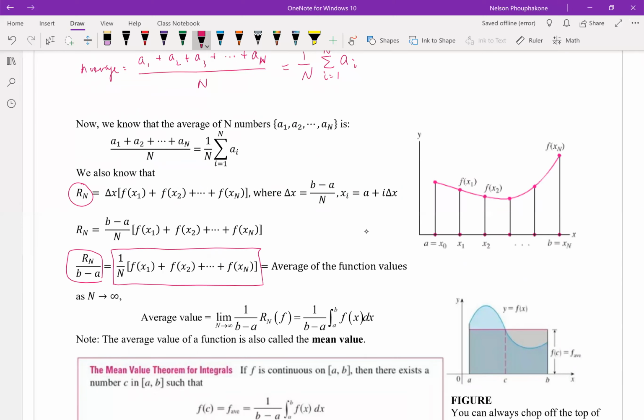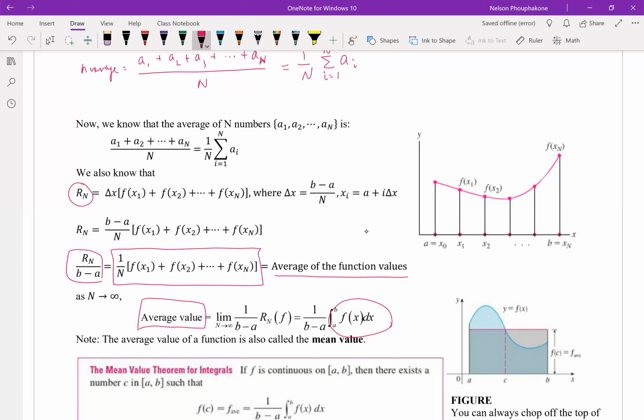Now, as n goes to infinity, if we take the limit as n goes to infinity of 1 over b minus a times R sub n, which is equal to 1 over b minus a times the integral between x equal to a and x equal to b of f of x dx, then this number right here is what we call the average value, the average of the function values.